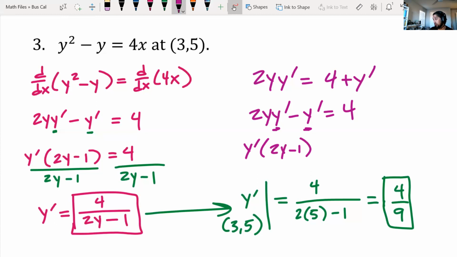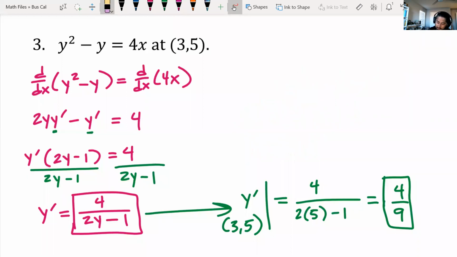And remember, to make sure you factored correctly, to check your work, just distribute it back in. What's y prime times 2y? 2y y prime. And what's y prime times negative 1? It'd be negative y prime. There it is. Okay, interesting. So it would be the same as if I said, hey, I have 2x squared minus x.